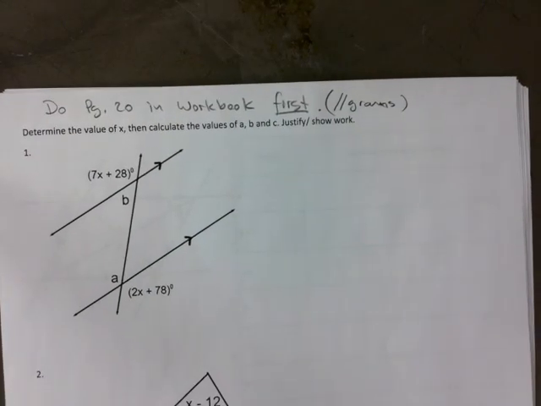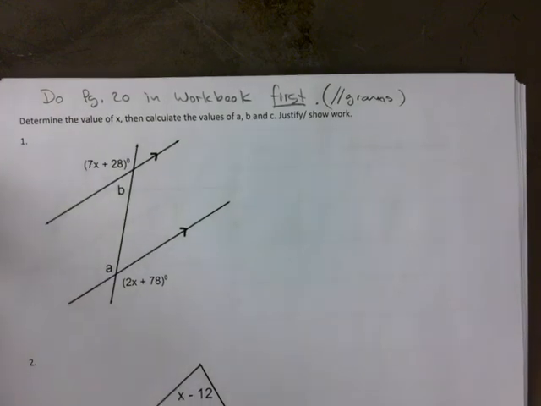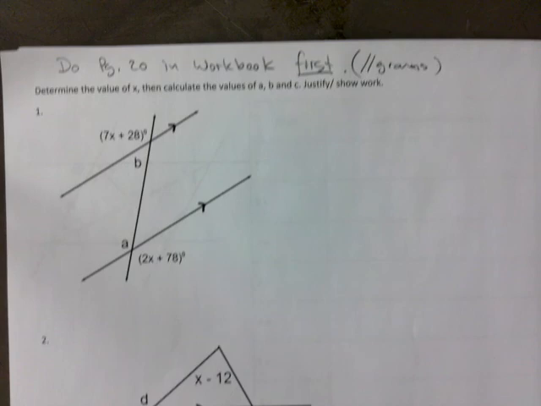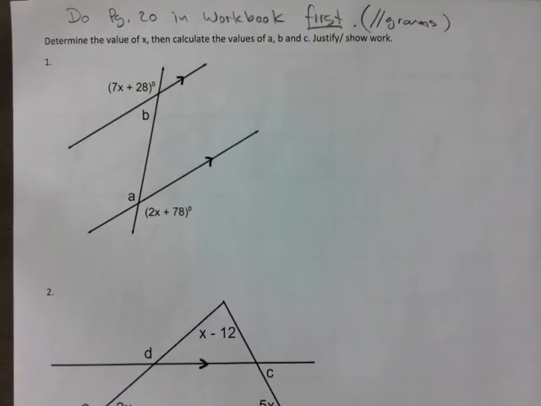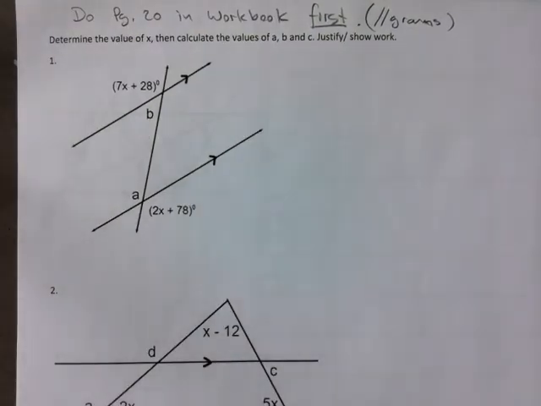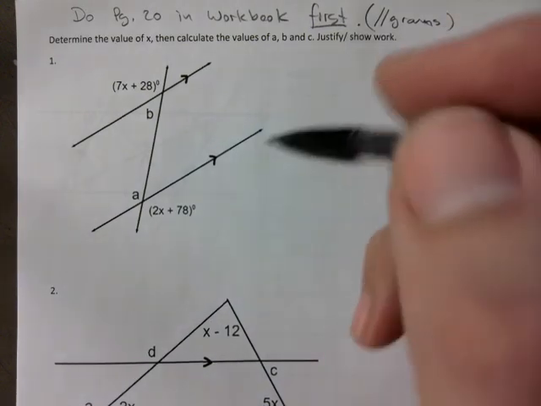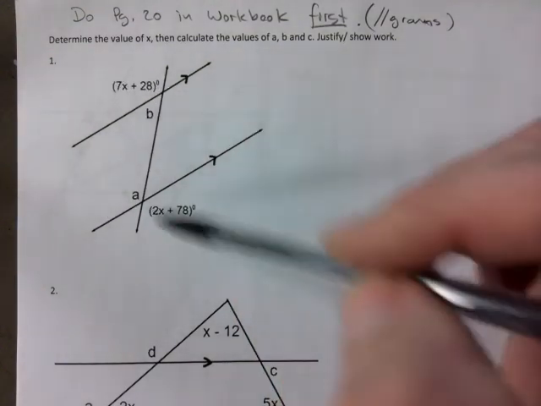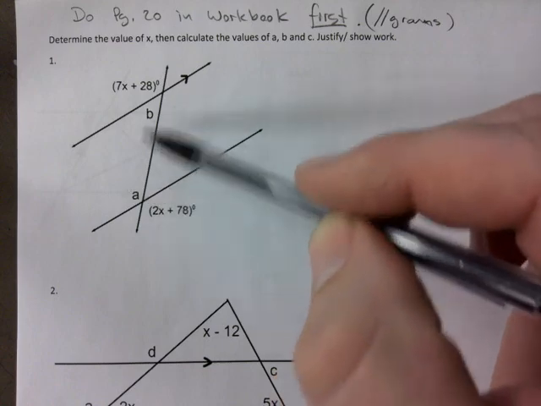Okay. So let's see how you would do something like this. If it asks you to determine the values of x, you're going to get something like this, so you just need to make sure you work it up accordingly. When you are asked to find x here, don't worry about AB just yet.